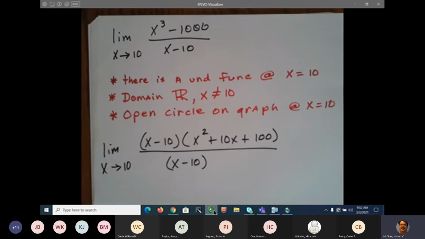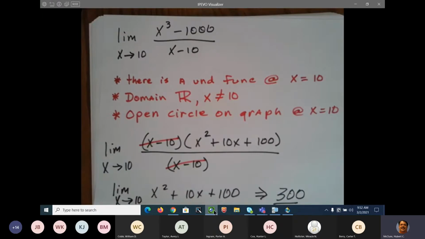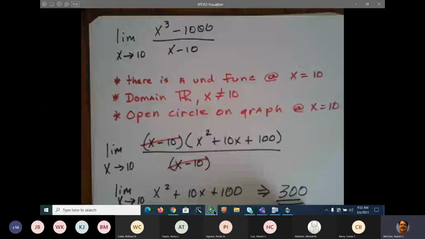They cancel, Hubert. And that leaves you with limit as x approaches 10 of x squared plus 10x plus 100. And that's going to give us 100 plus 100 plus 100. And what's 100 plus 100 plus 100? 300. And yes, this is a test question, so make sure you know how to do it.